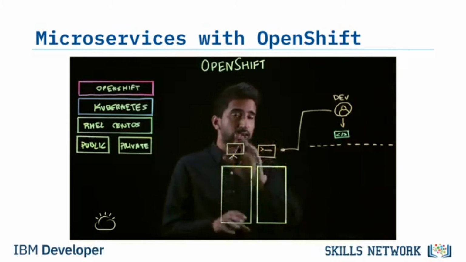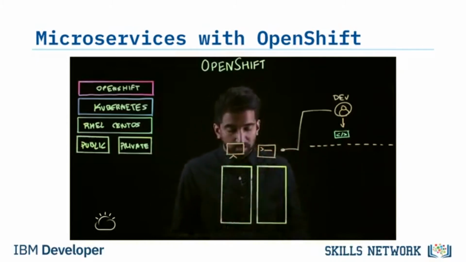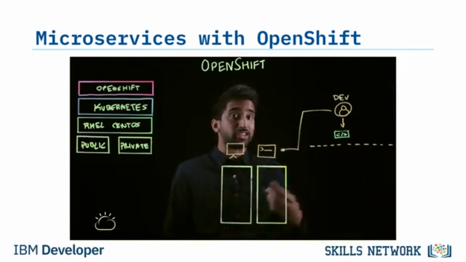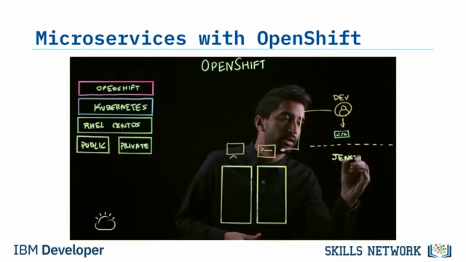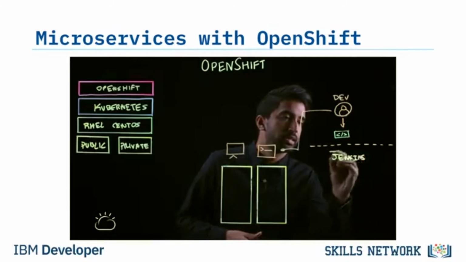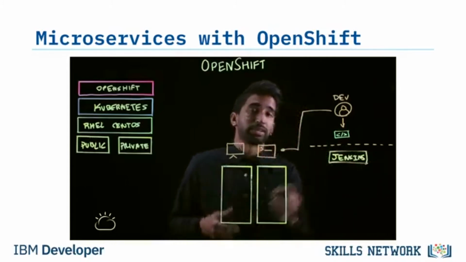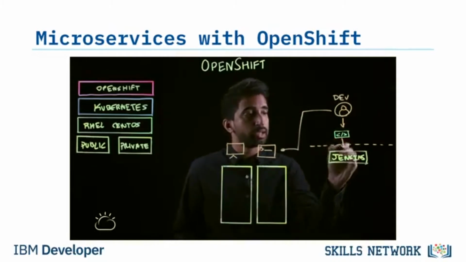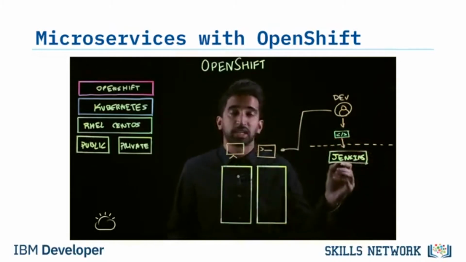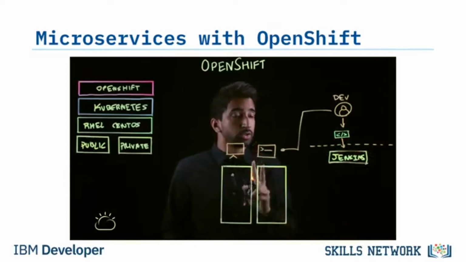So when that application and project was created, OpenShift in the backend will create a Jenkins job and pipeline that helps power deploying this application. So once code gets pushed into that GitHub, it'll trigger a webhook, which kicks off a Jenkins job, which is going to do two things.